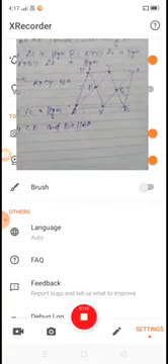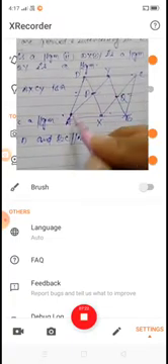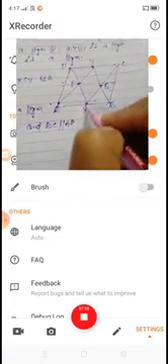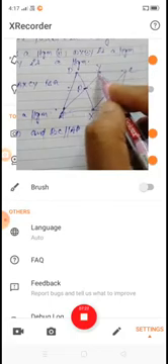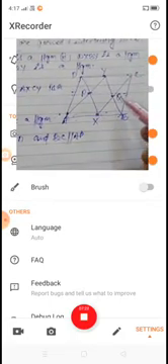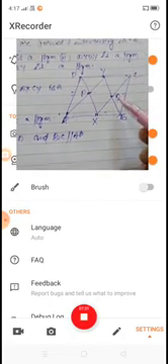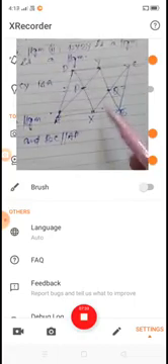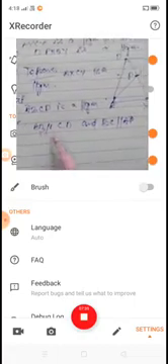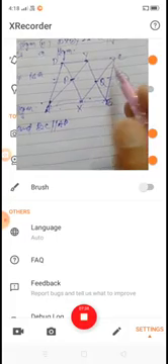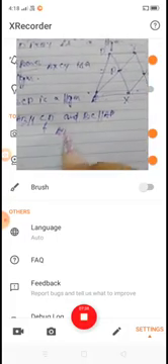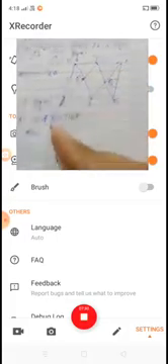Now we have to show that AXCY is a parallelogram, and you know that opposite sides are parallel and equal. So AB is parallel to CD, and also AB is equal to CD.